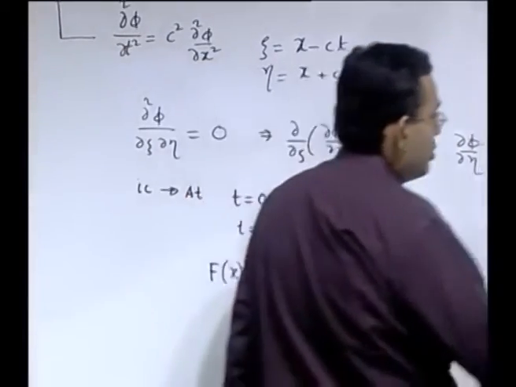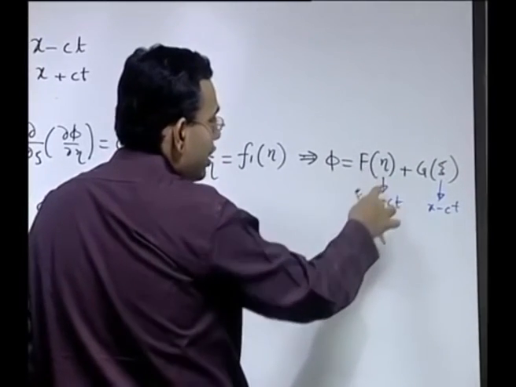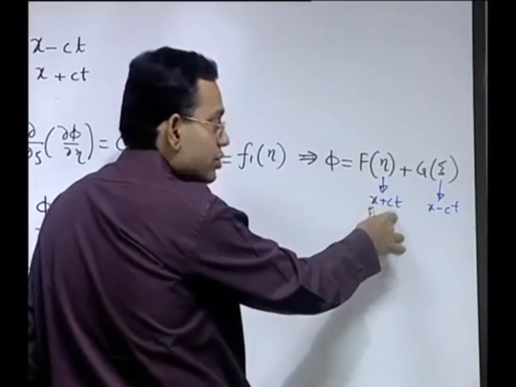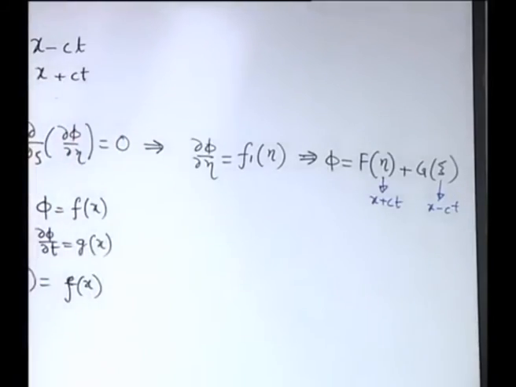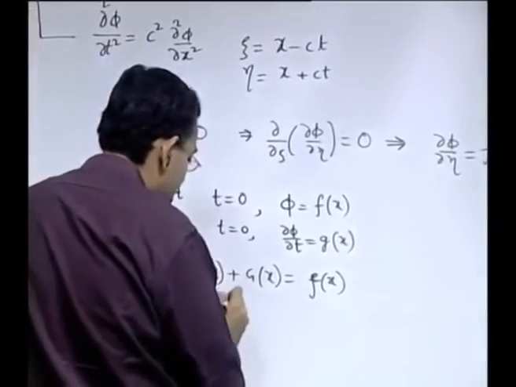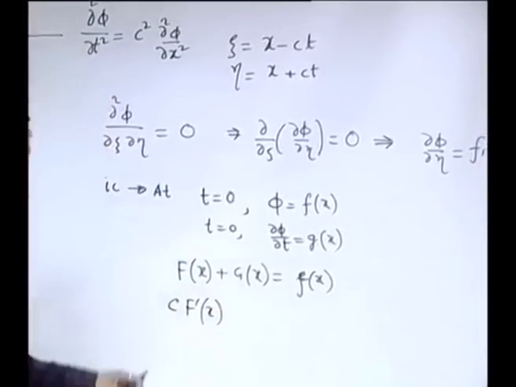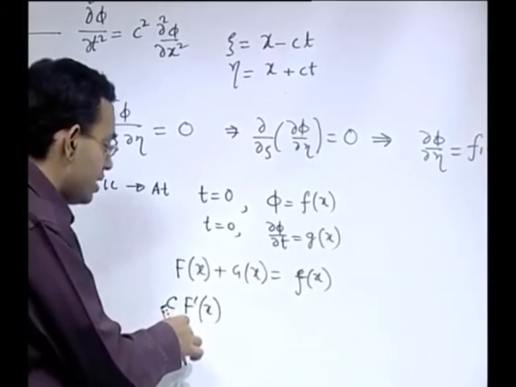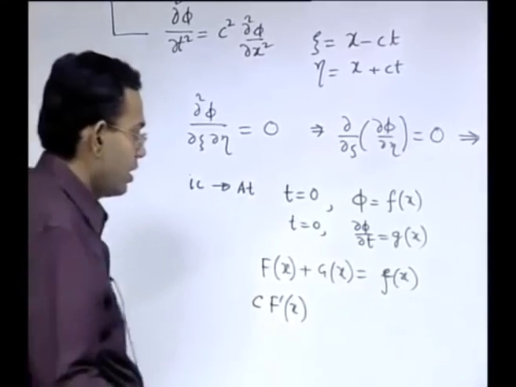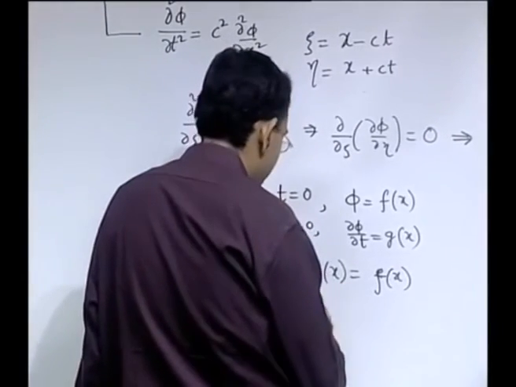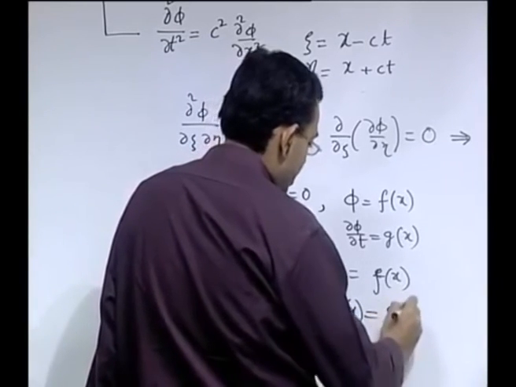So first you differentiate this with respect to eta, so dF d eta into del eta del t. So c into dF d eta at t equal to 0. So it will become c F dash x, because eta is x plus ct. So at t equal to 0 it will become x. Remember this derivative is with respect to the original argument, it is not with respect to x. Then minus c G dash x is equal to g of x.